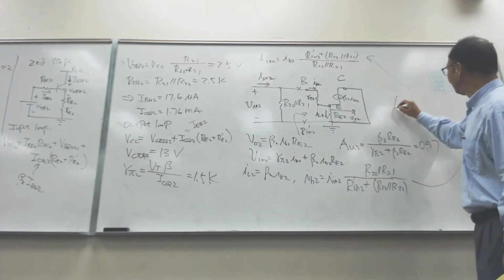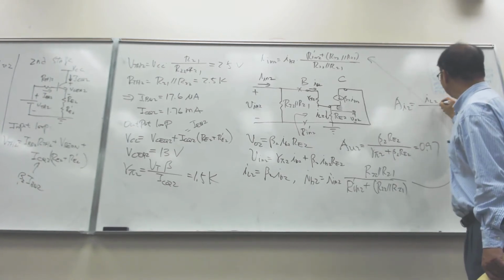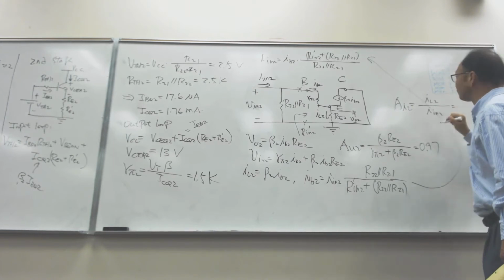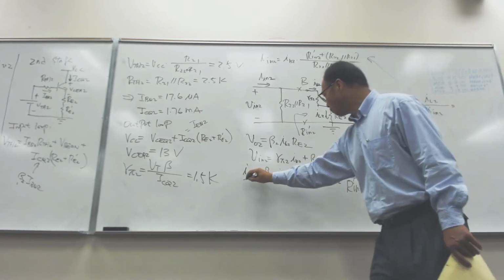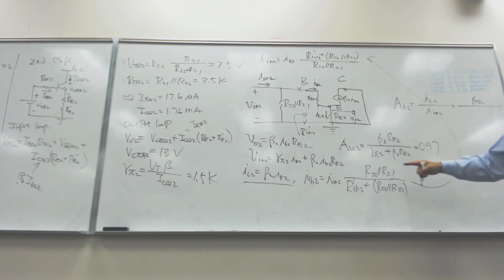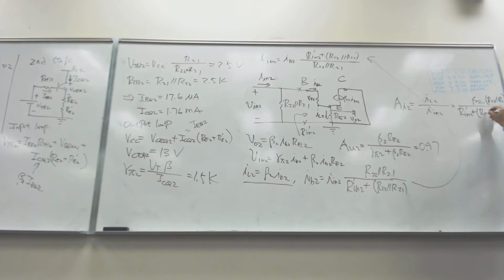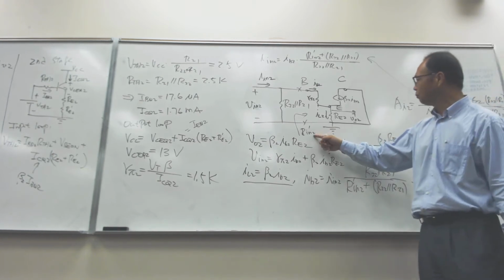Therefore, now I can take the ratio. So AI2 is the ratio of IL2 over I in 2, correct? If I take the ratio, this is IL2 right here, so it's beta 2 divided by that. So this R22 in parallel is R21, over R into prime plus, now what is R into prime?